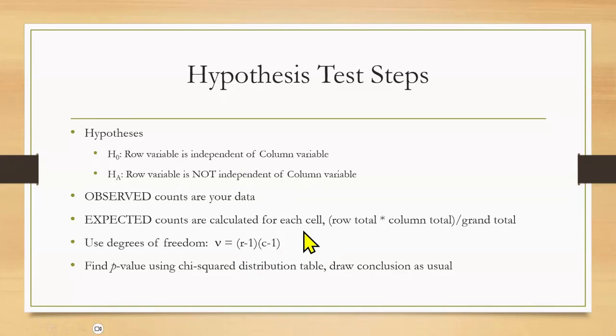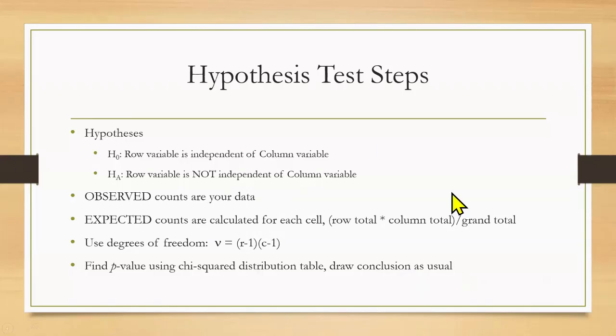We're going to calculate the chi-squared test statistic. We're going to find the p-value using our chi-square distribution table. For whatever alpha level we have, we are going to reject or accept the null. If our p is less than our alpha, we're going to reject the null. And then we're going to write our conclusion.